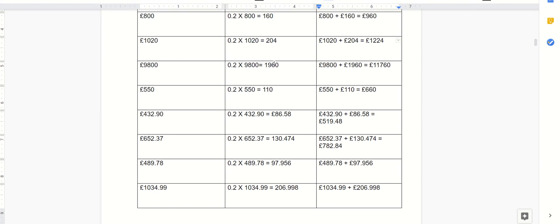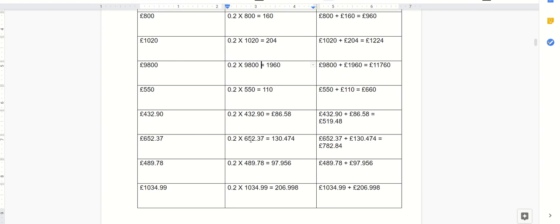We add 1,960 to the 9,800, and we get 11,760. 0.2 multiplied by 550 is 110. 550 plus 110 is 660. 0.2 multiplied by 432.9 is 86.58. So we take 432.9 and add 86.58 to it, giving us a total of 519.48.